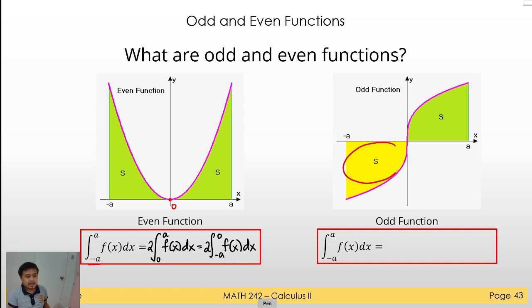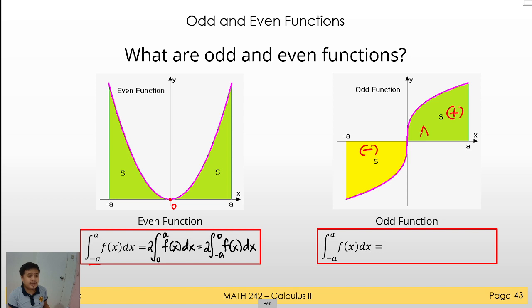Since this is under the x-axis, the area will be negative, and this will be positive. So the sum of their two areas, assuming they are symmetrical, will just cancel out.